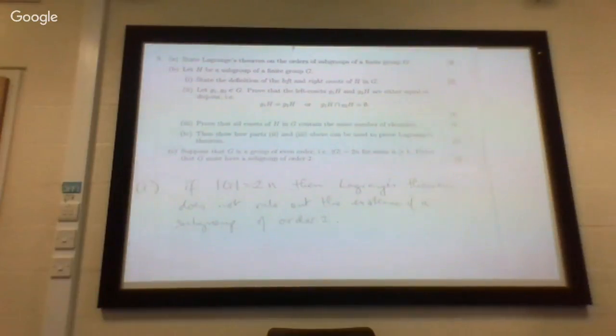So, any ideas how to approach this? On the face of it, it maybe appears quite a hard problem because we know nothing else about G except its order.